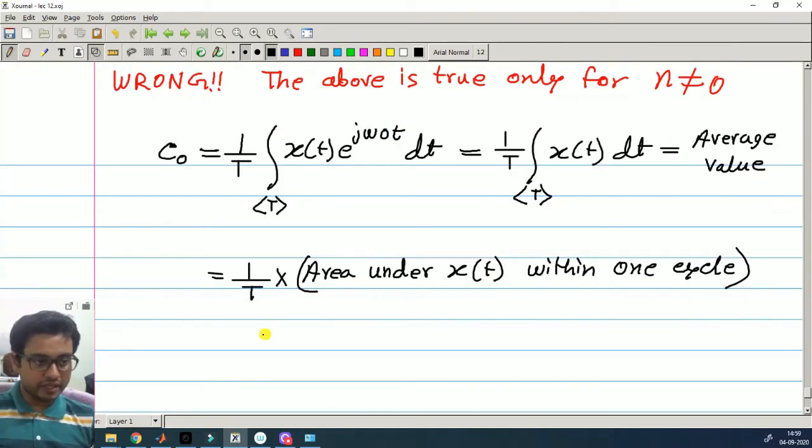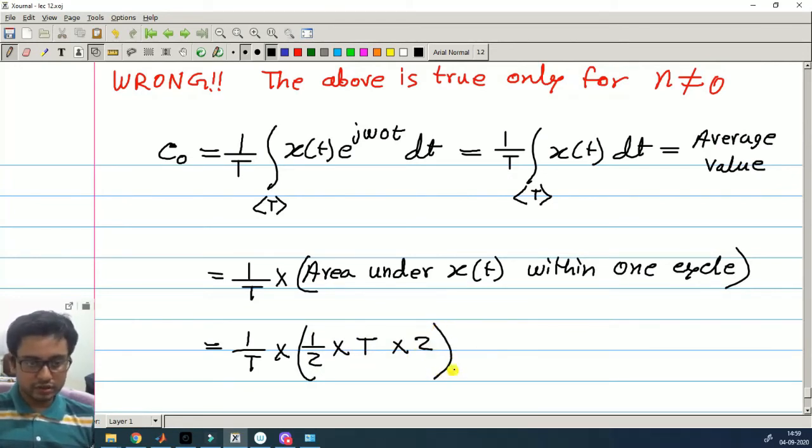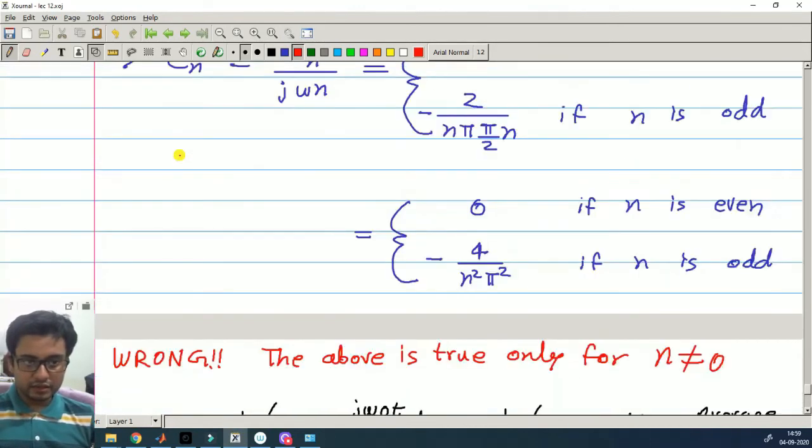So this will be 1 over T into area, which is half into base, the time period, into amplitude, which is 2, and this becomes 1. So that is the value of C0, and for other n, these are the values of Cn's.